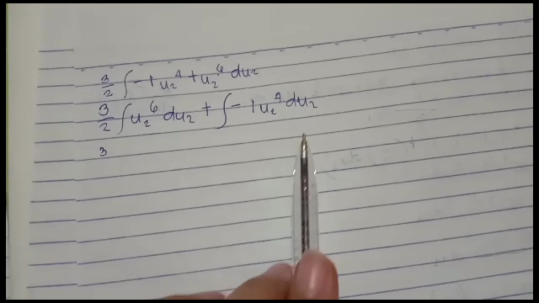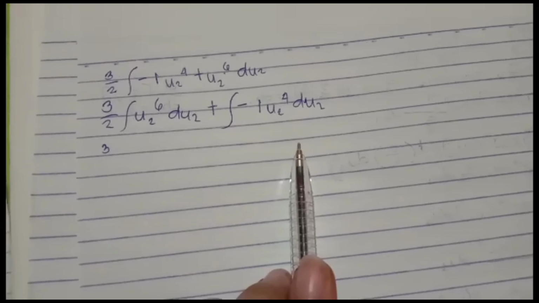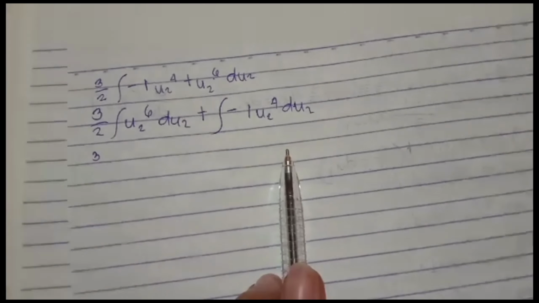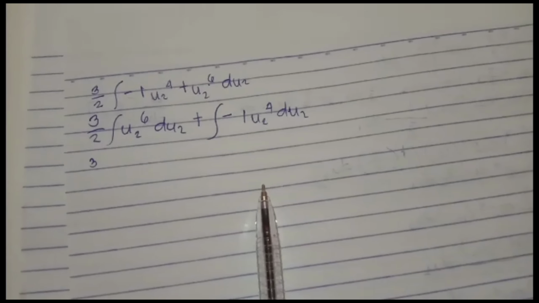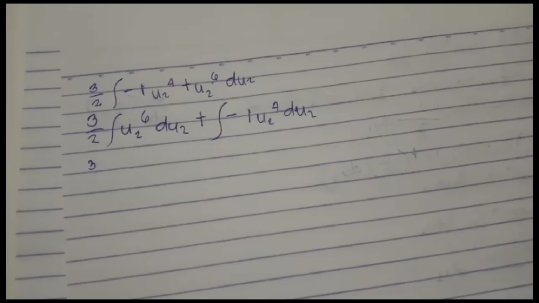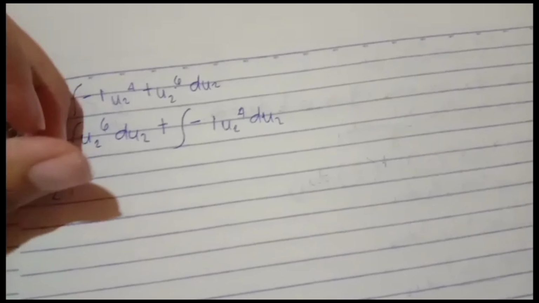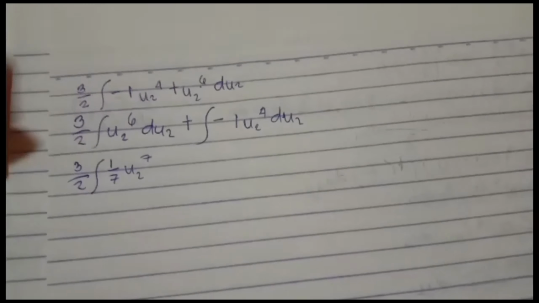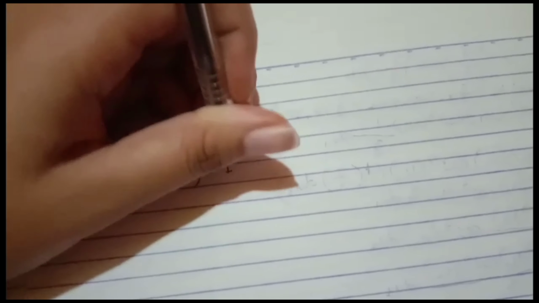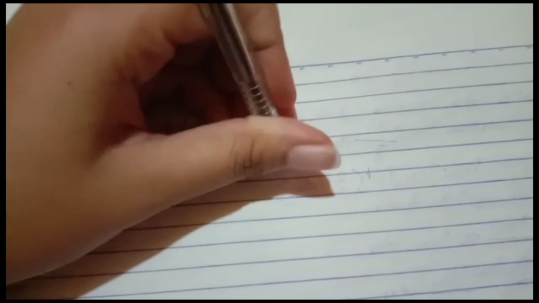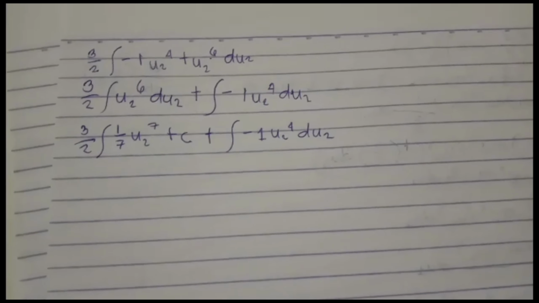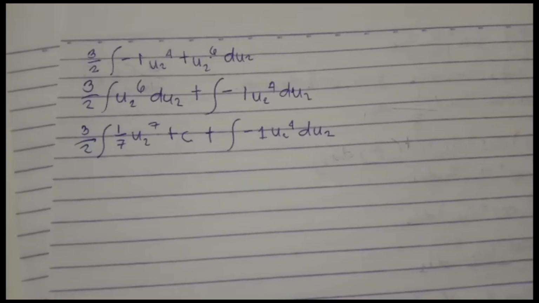By the power rule, the integral of u2 to the 6th power with respect to u2 is 1/7 u2 to the 7th power. So, 3/2 of 1/7 u2 to the 7th power plus C, plus the integral of negative 1 u2 to the 4th power du2. Since negative 1 is constant with respect to u2, move negative 1 out of the integral.